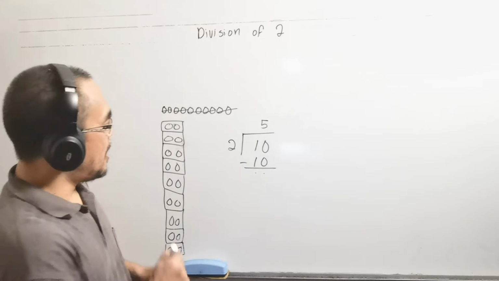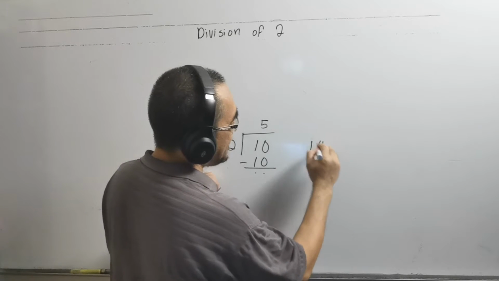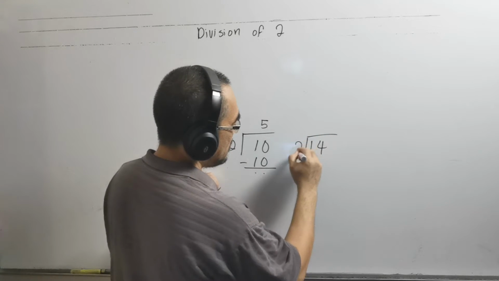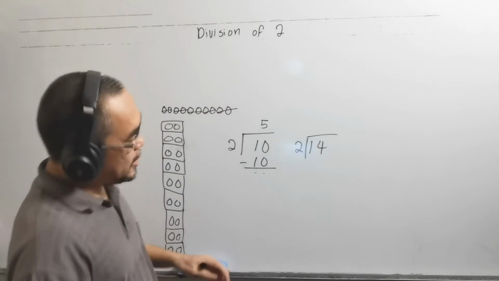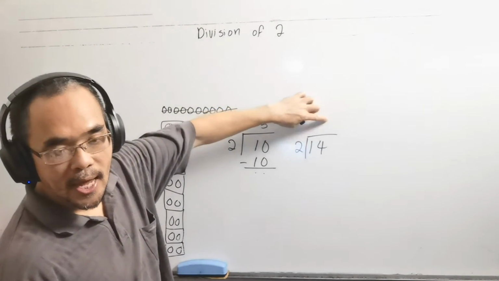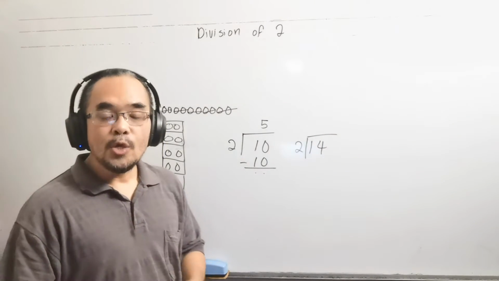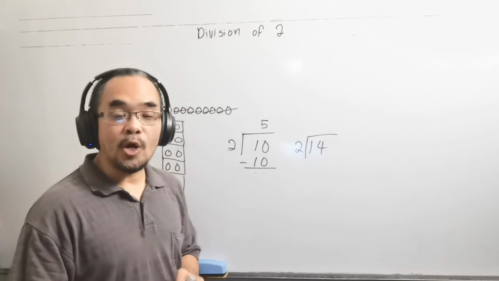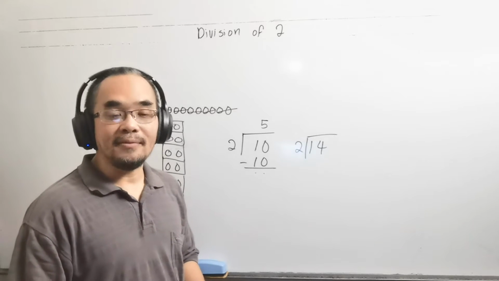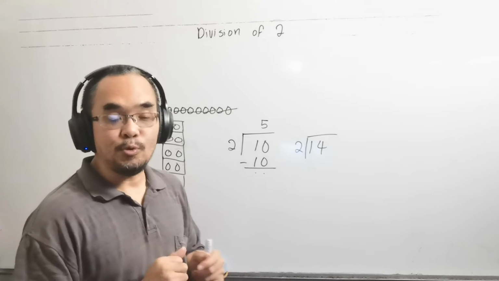Done? Okay, now 14 divided by 2. The answer should be written on top of 4. And what is the number that should be written on top of 4? So you read multiplication of 2 until you get 14 and show me how many fingers you have to use.